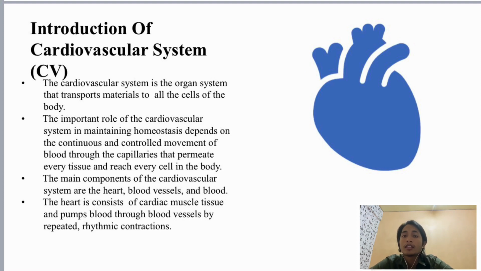The important role of the cardiovascular system in maintaining homeostasis depends on continuous and controlled movement of blood through the capillaries, which permits every tissue to reach the cells of the body.